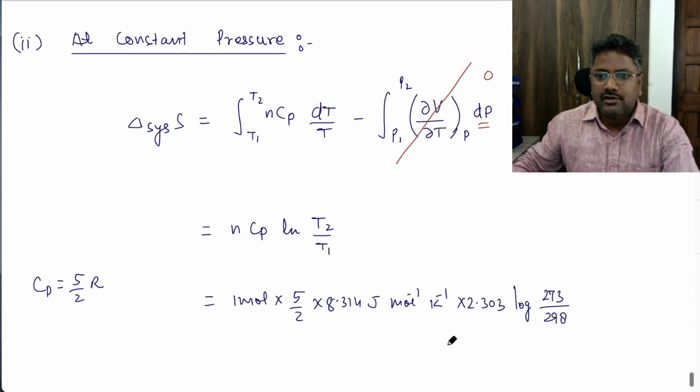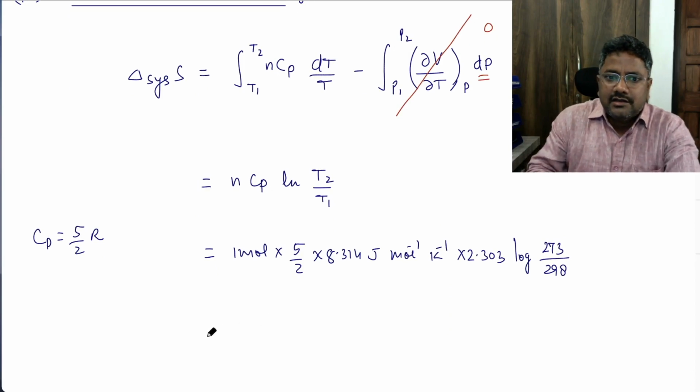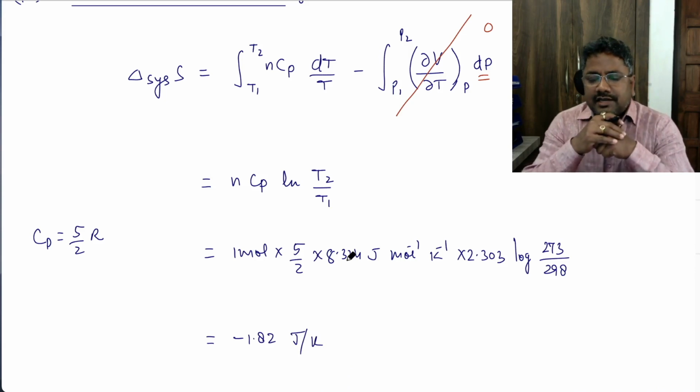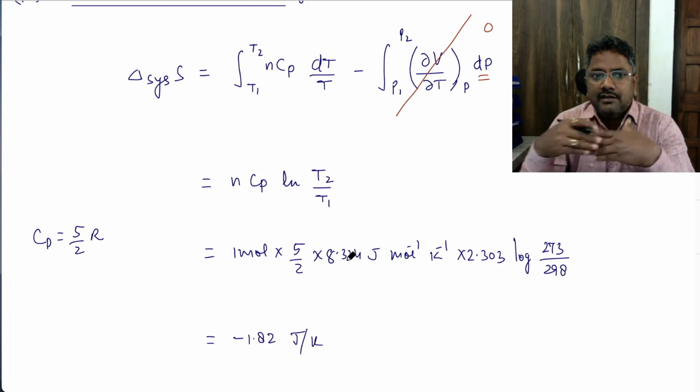So when you solve this, you will get the answer minus 1.8 joules per Kelvin. So see, the entropy change this time is more than the previous case, the constant volume case.